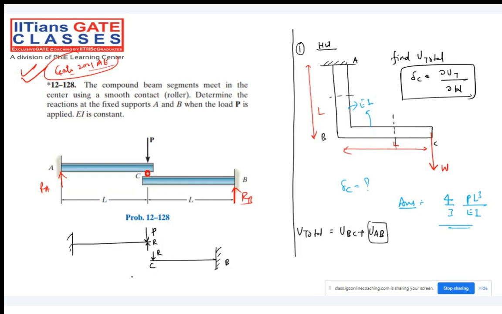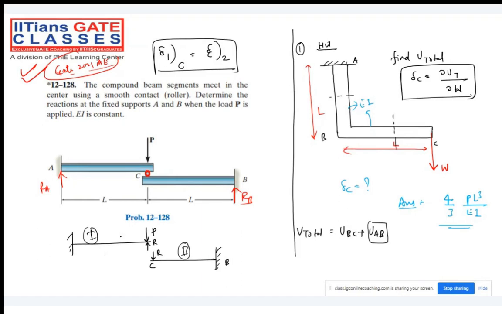From this case and from this case, the net deflection in the downward direction will be zero, will be the same, right? The deflection at C because of the loading, and the deflection at C because of the two loadings on the second beam, will be the same way you did. Yes or no? Correct.